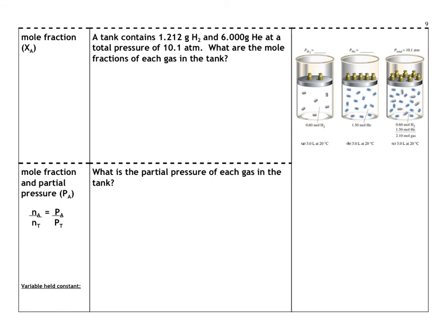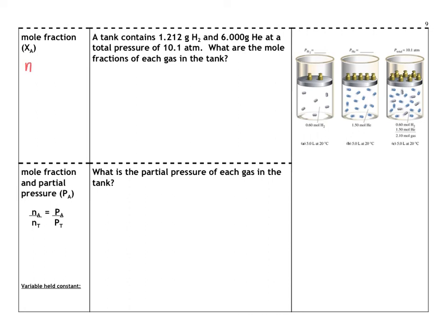We're now revisiting an idea that we've learned before, and that's mole fraction. Mole fraction is symbolized by X, and in this case it's the mole fraction of a gas called A. If you look at what I'm about to write out, this really does make sense.